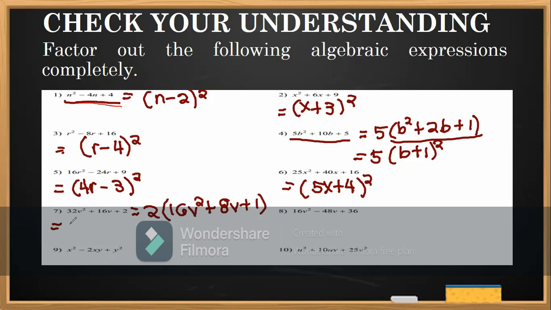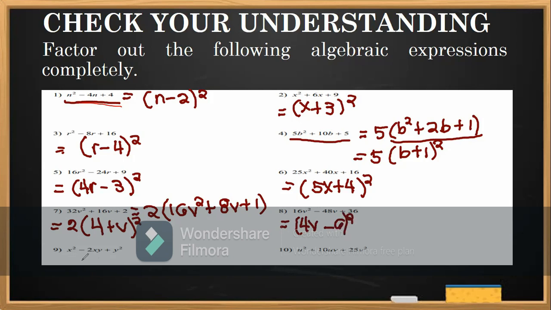This is equal to 2 multiplied by 4b plus 1 squared. For number 8, the algebraic expression given is 16b squared minus 48b plus 36. If we factor this out, the answer for this item is 4b minus 6 squared.